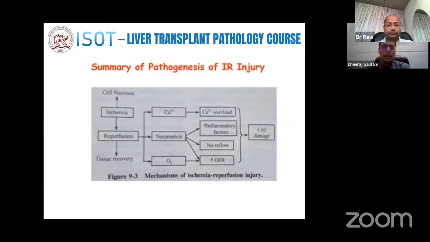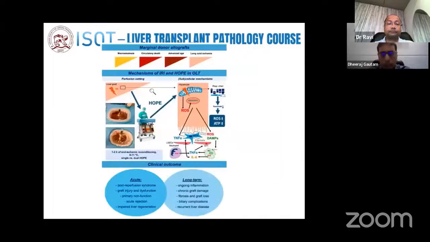But the reperfusion and ischemia operate through three pathways: calcium, neutrophil, and oxygen. Calcium leads to calcium overload; neutrophils bring increased inflammatory factors and no-reflow. And in oxygen, there are free radicals, which lead to cell damage.